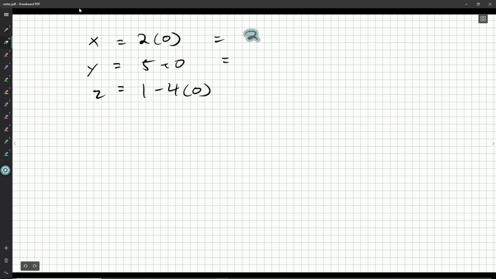For the first line, 2t with t equal to 0 is 0, 5 plus 0 is 5, and 1 minus 4 times 0 is 1. So the point we think is the point of intersection is (0, 5, 1).